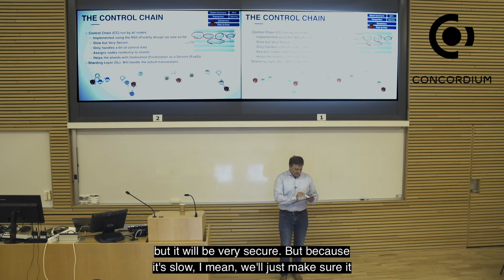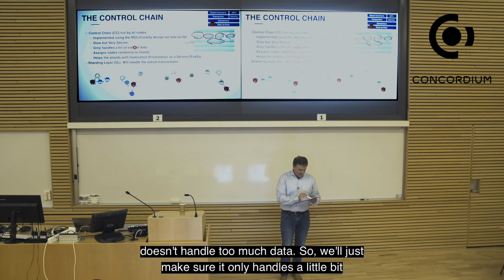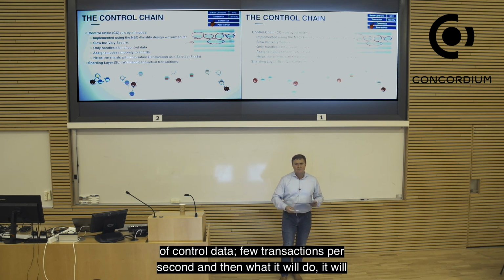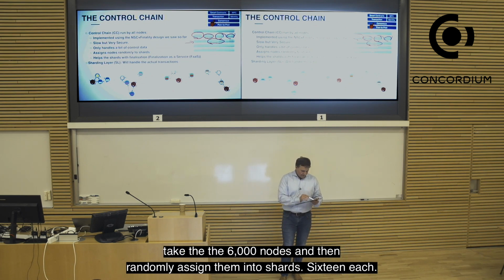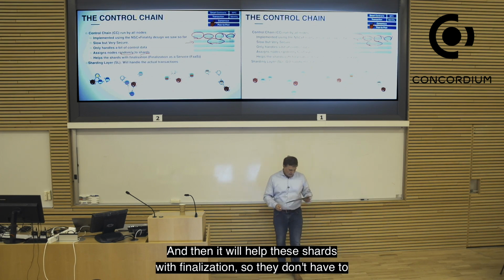But because it's slow, we'll just make sure it doesn't handle too much data. We just make sure it only handles a little bit of control data, a few transactions per second. And then what it will do is take the 6,000 nodes and randomly assign them into shards.